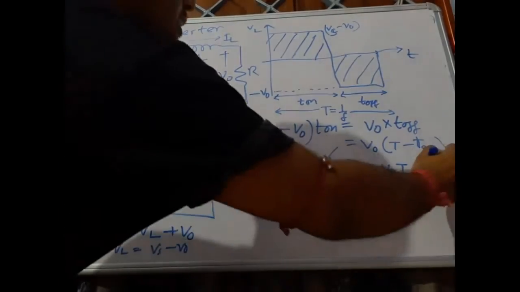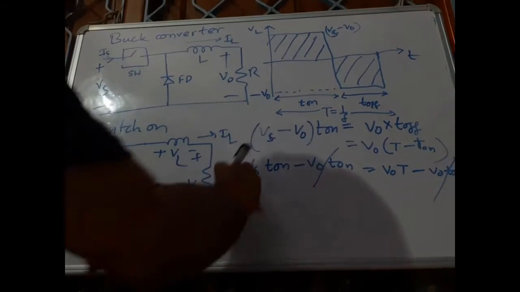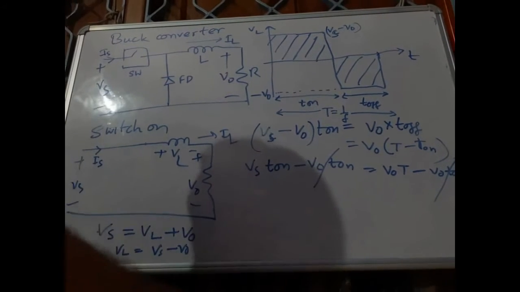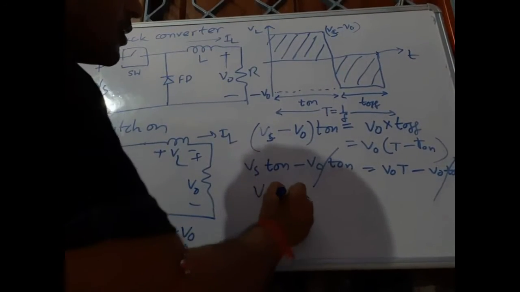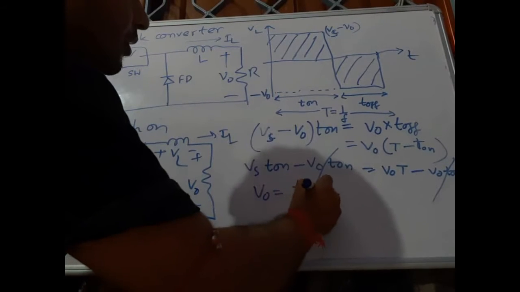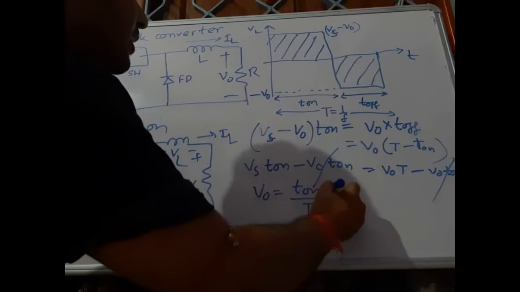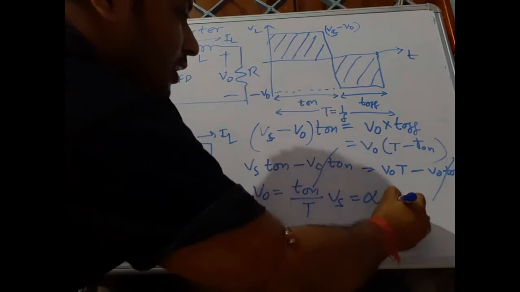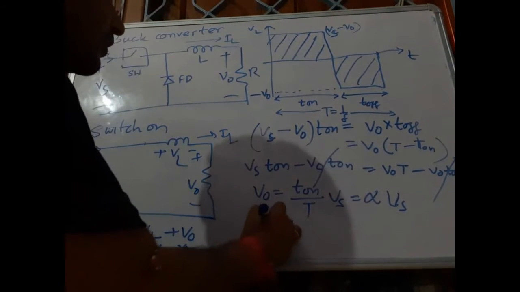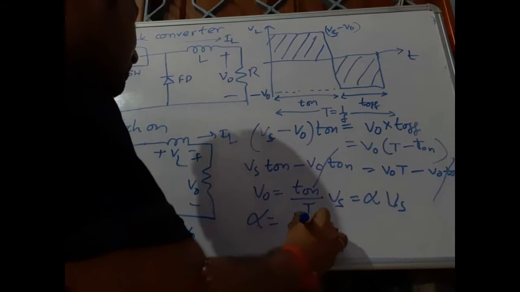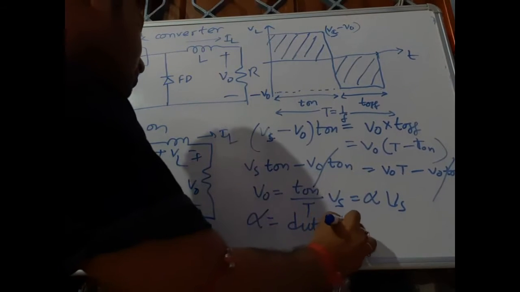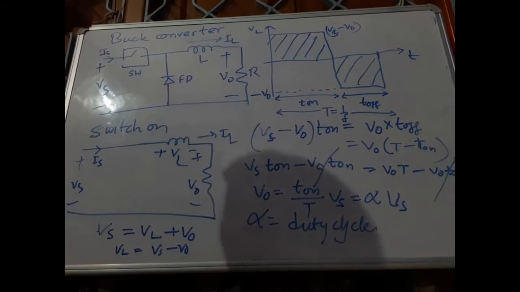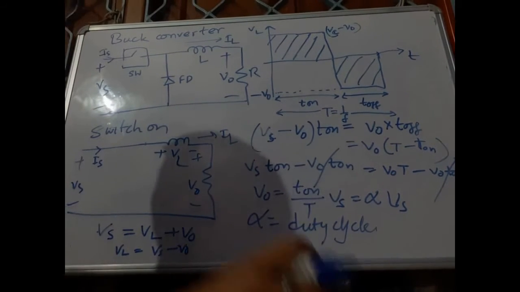We can cancel these two. We have V naught equals to T on divided by T into Vs, and that is equals to alpha into Vs, where alpha is called as duty cycle. Okay, alpha is called as duty cycle.